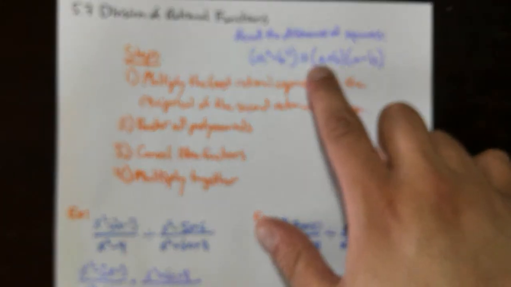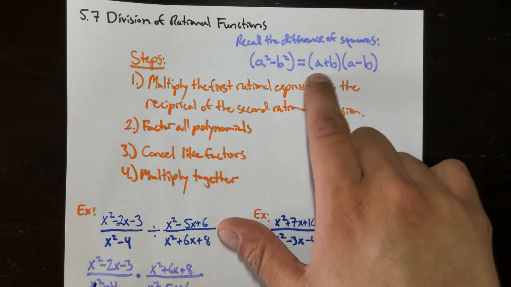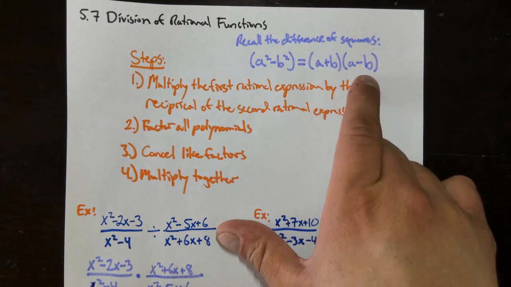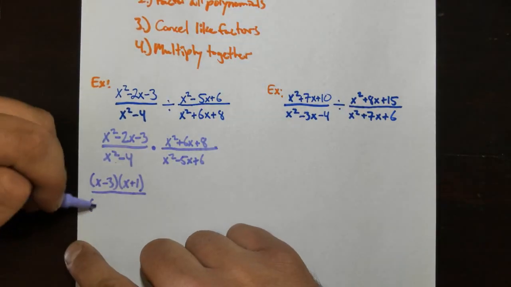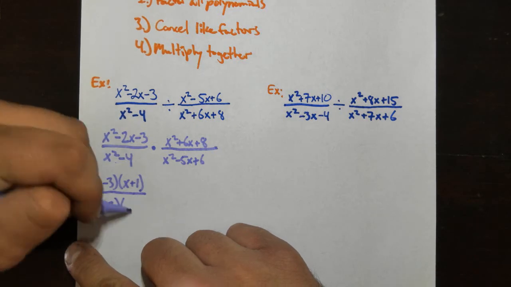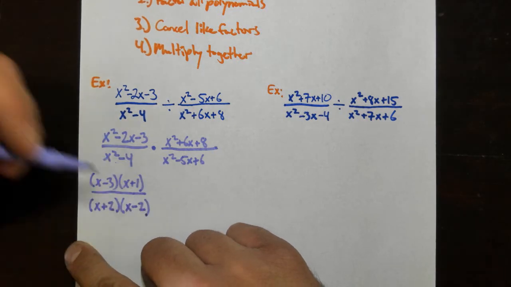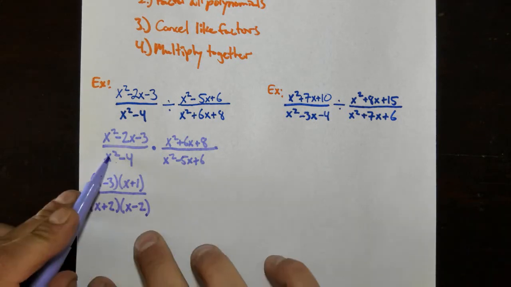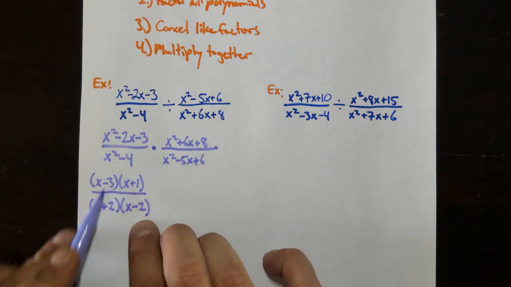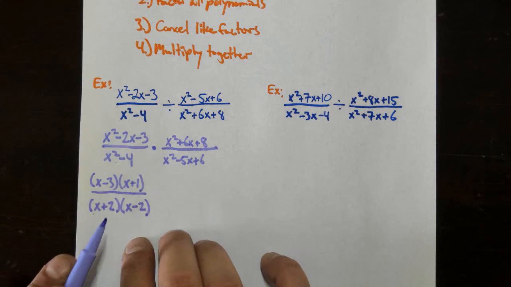It's the square root of each, and we add one and we subtract one. So this is going to be x plus 2 times x minus 2, right? The square root of x squared is just x. The square root of 4 is 2, so we just added them and then subtracted them.